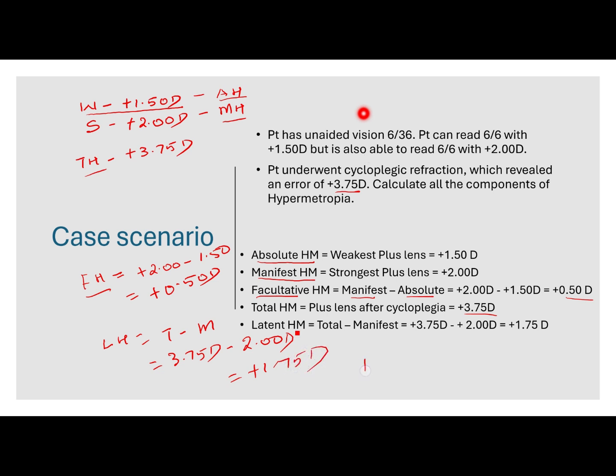So plus 1.75 diopters is our latent hypermetropia. So you can try to do many such case scenarios so that it will be easier for us to calculate. Keep doing such exercises to get acquainted with each and every component of hypermetropia.